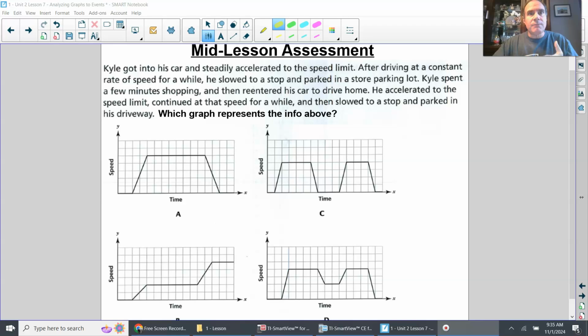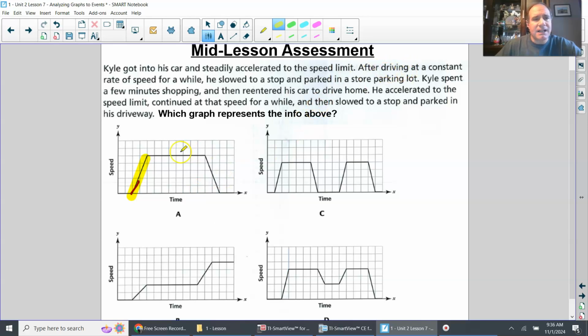Really, the only way to do this is to go graph by graph and situation by situation as you read. So that's what we're going to do, and we're going to use a highlighter to do it. Kyle got into his car and steadily accelerated to the speed limit. So we're going to take the highlighter and steadily accelerate to the speed limit.